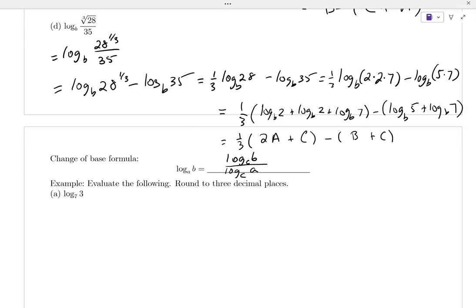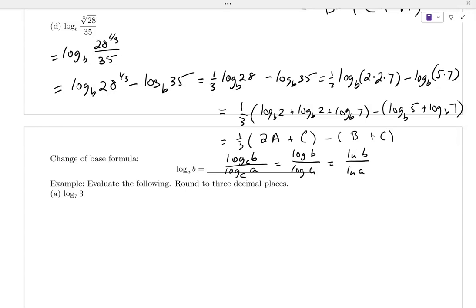So you could do this as log of B over log of A, or ln of B over ln of A. Either one. They both give you the same answer. Okay.